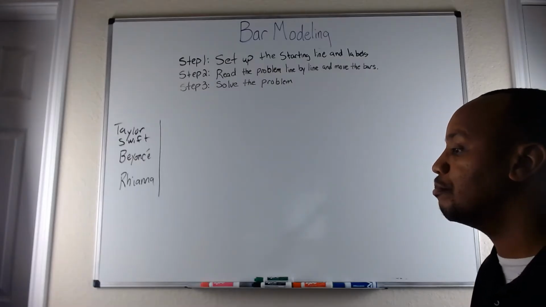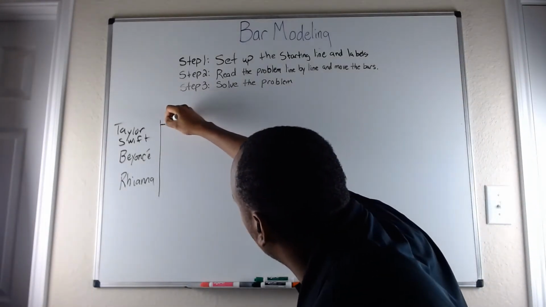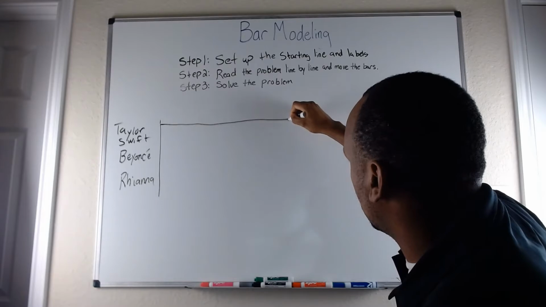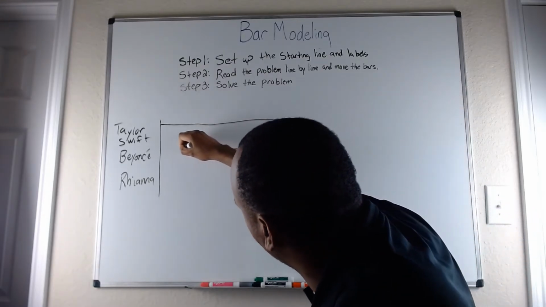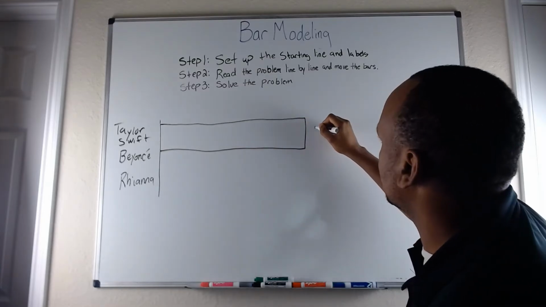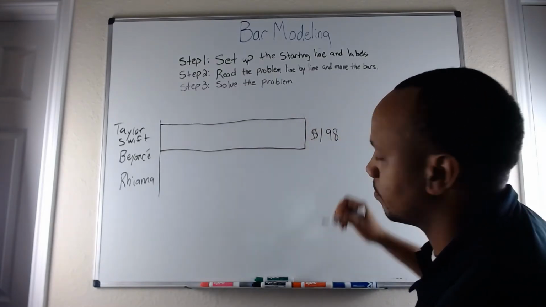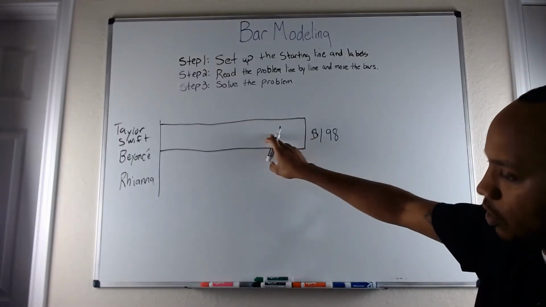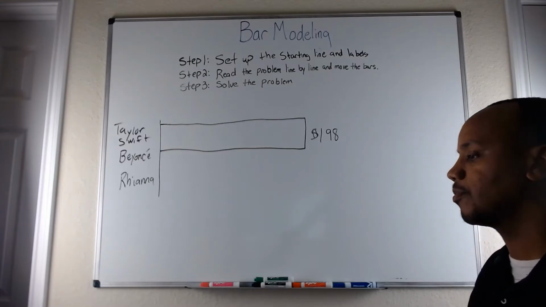So Taylor Swift's bar will be extended to reflect $198. Excuse my crooked bars. Now, some people put the 198 on the inside. It depends on how you like to do it.